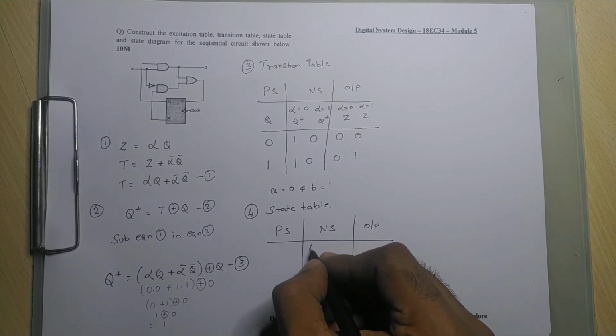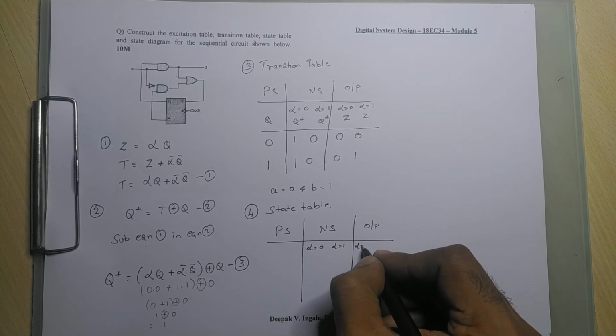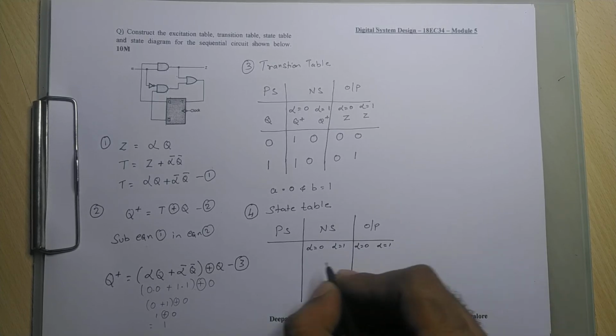So here again I will write for alpha equal to 0, for alpha equal to 1, for alpha equal to 0, for alpha equal to 1.